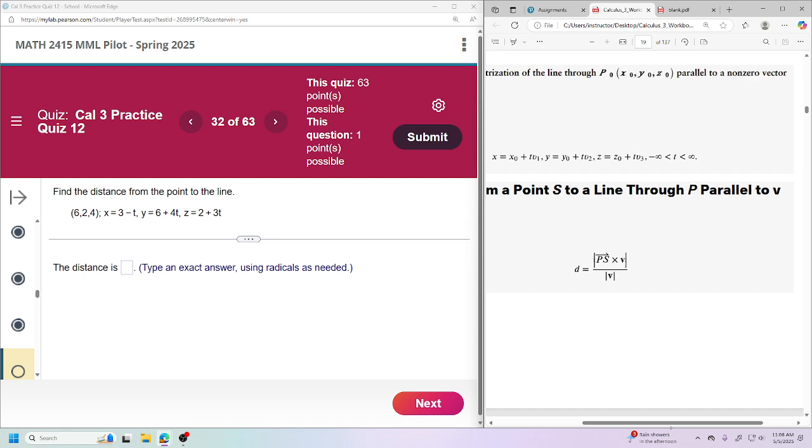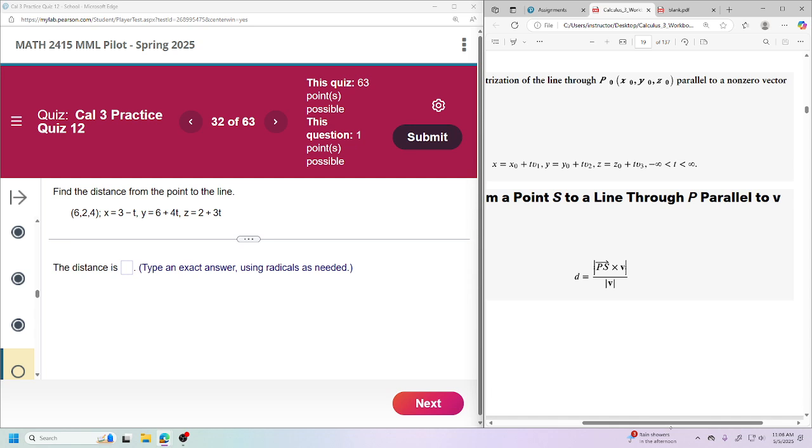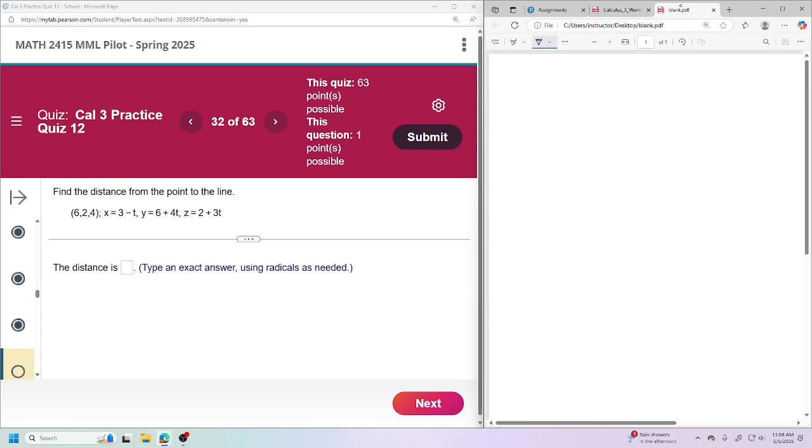So point S, and then this is another point on the line parallel to V. That's my slope. I think V is my slope, and then I need to find 2 points and do terminal minus initial, which is not hard. The terminology is weird. So that's why we're practicing, right?